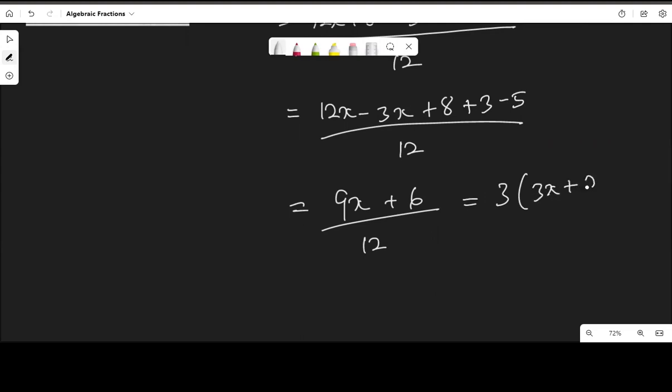Then 6 divided by 3 is 2 over 12. 3 here 1, 3 here 4. So we have 3x plus 2 over 4.